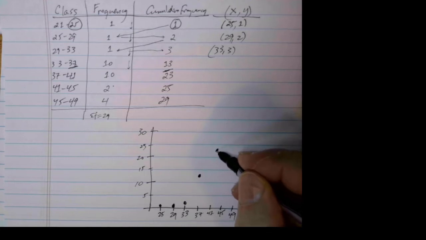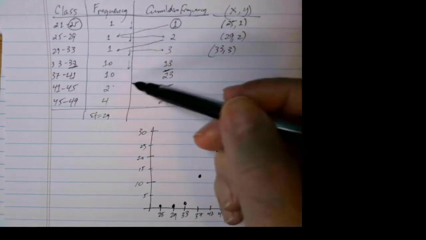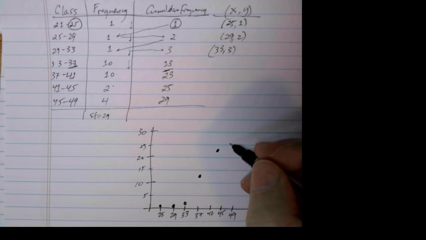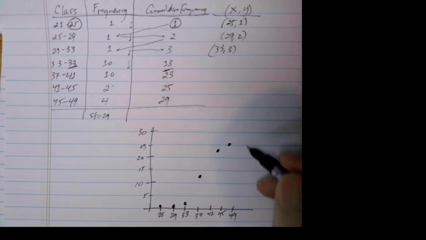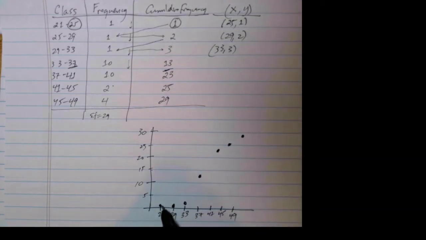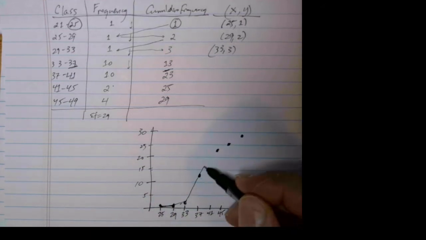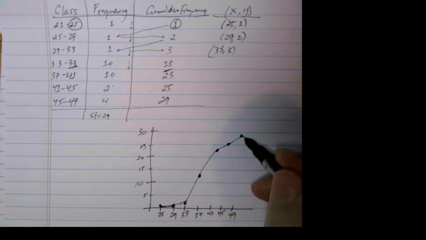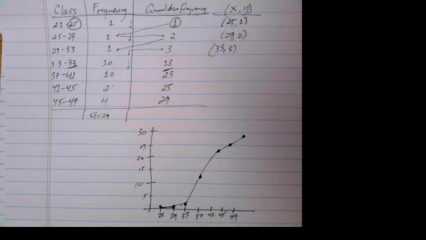Let's see, maybe there. 45, comma 25. And 49, comma 29. So once I have those dots, I just join them with little line segments. Et voila, there is my cumulative frequency graph. Okay.